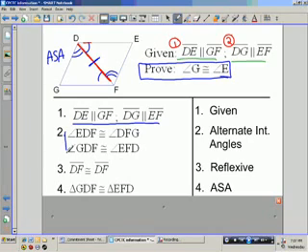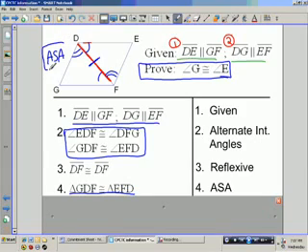Then notice how we named all of the angles using 3 letters. That's your alternate interior angles that we got using the Z. The reflexive property is probably one of the easiest things to write down. And then finally, we wrote that the 2 triangles were congruent using ASA, because that was the postulate that we said we were going to use.